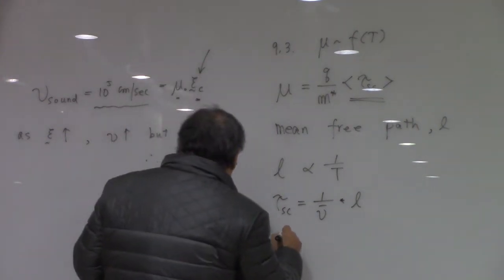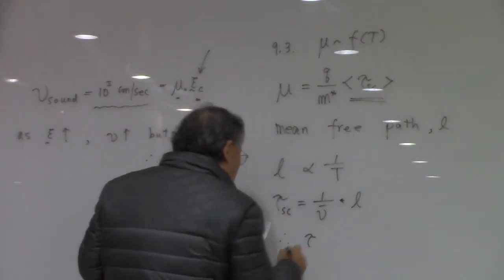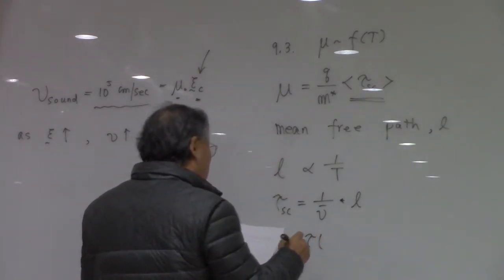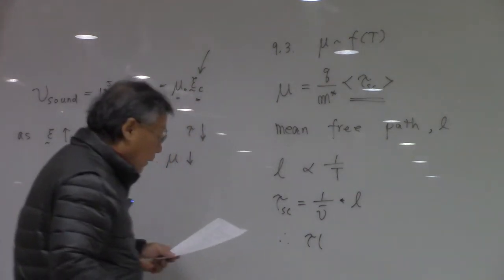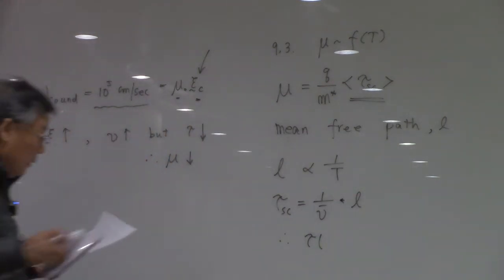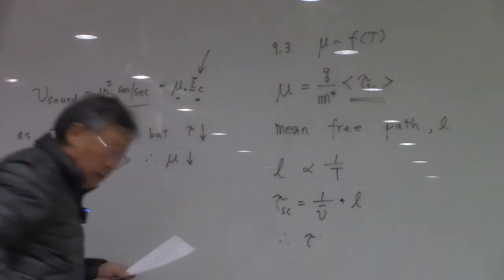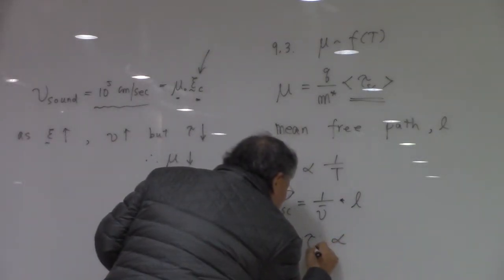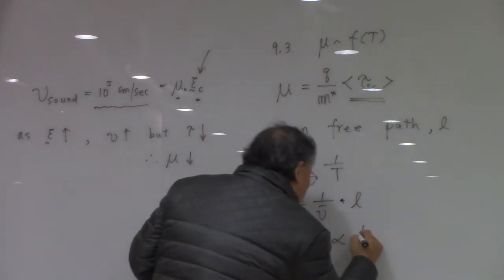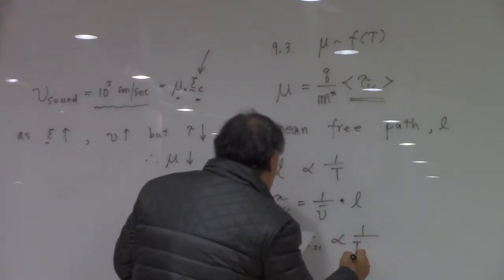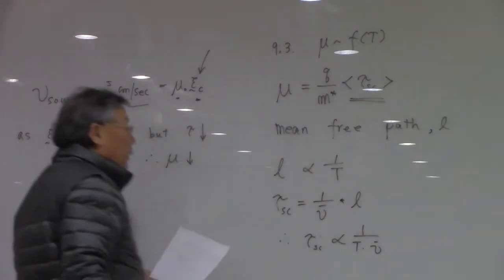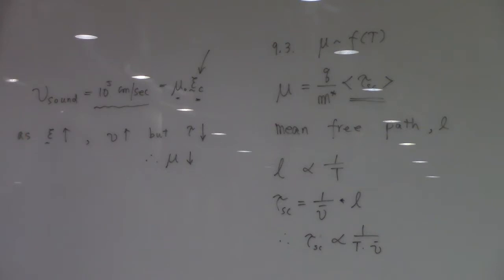Okay? So as far as the temperature effect on the scattering relaxation time is concerned, this scattering time is going to be proportional to 1 over temperature and the velocity of the materials, something like this.